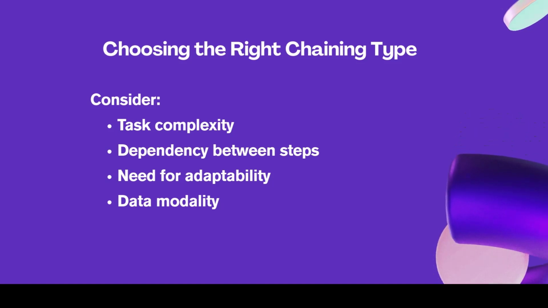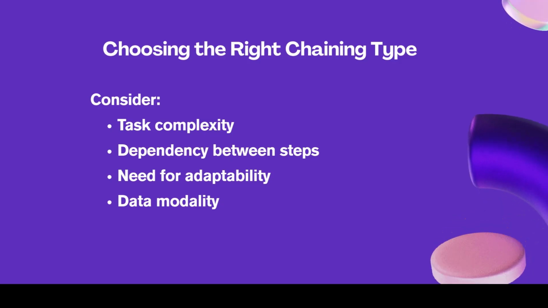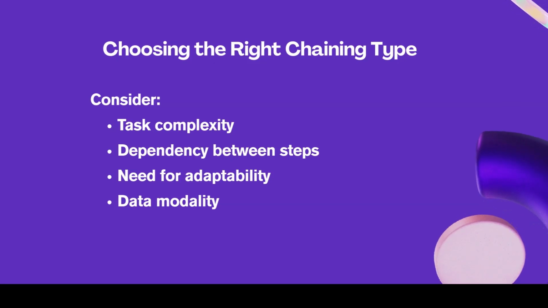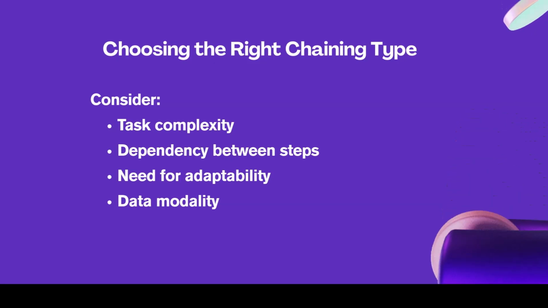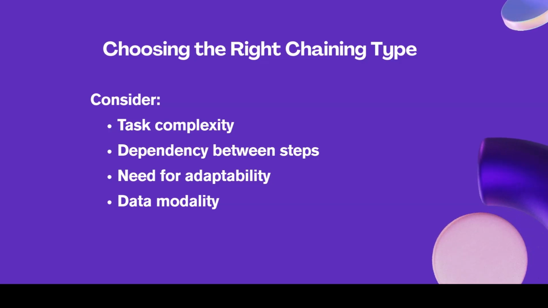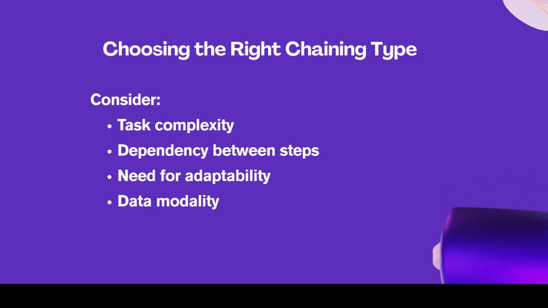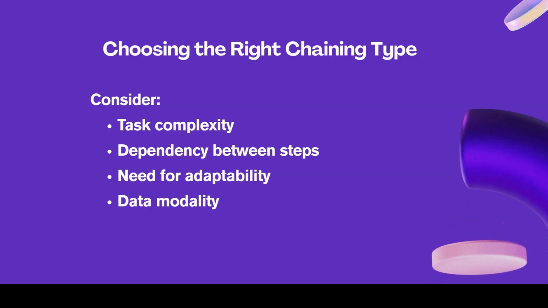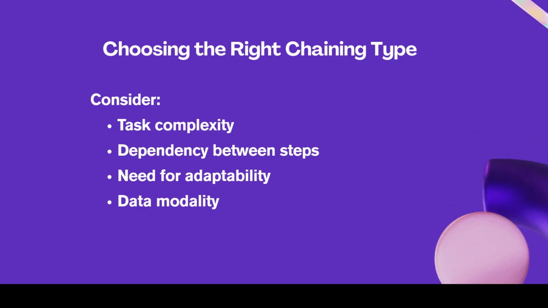Dependency. If outputs from one step are placeholders for the next prompt, use sequential chaining. Output parsers ensure smooth transition of outputs into structured inputs. Adaptability. For dynamic workflows such as those involving LangChain agents, iterative chaining allows real-time adjustments of parameters and next prompts.